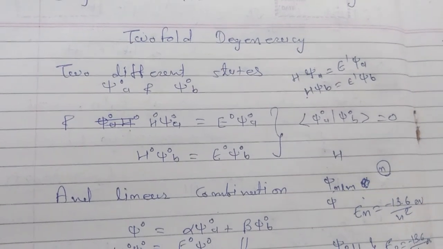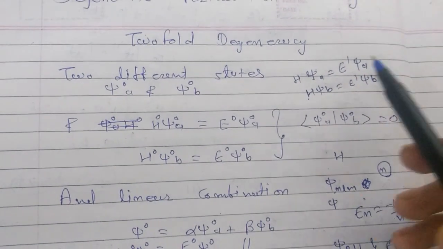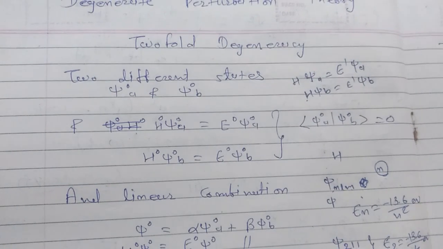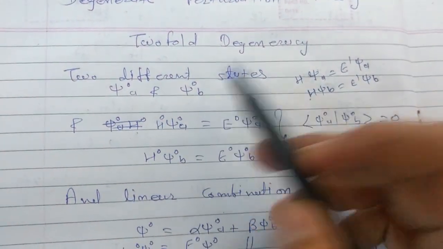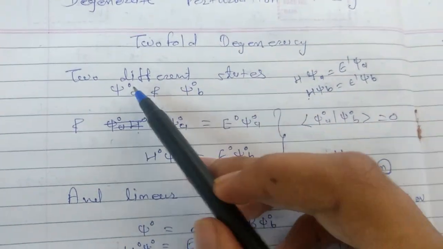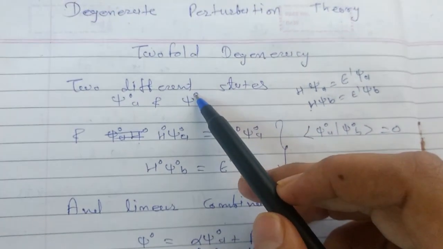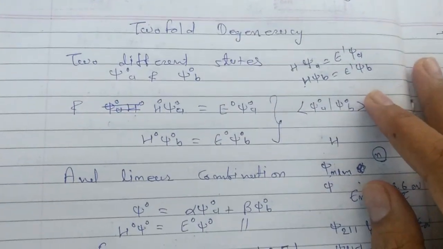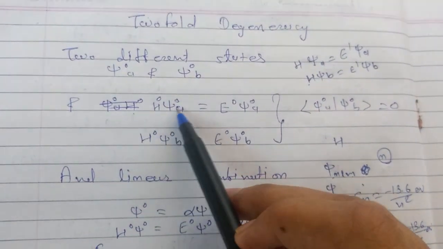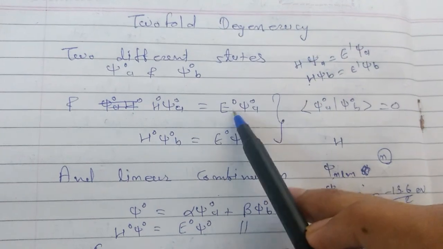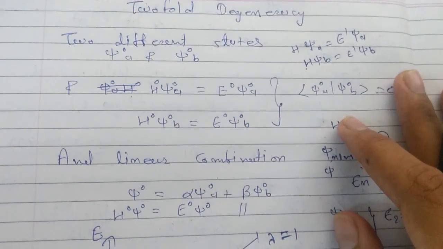So suppose we have two wave functions. Here for twofold degeneracy we have two wave functions, psi naught of A and psi naught of B. Here 0 represents the unperturbed system, and again we have the unperturbed Hamiltonian, H naught psi A naught is equal to E naught psi A naught.